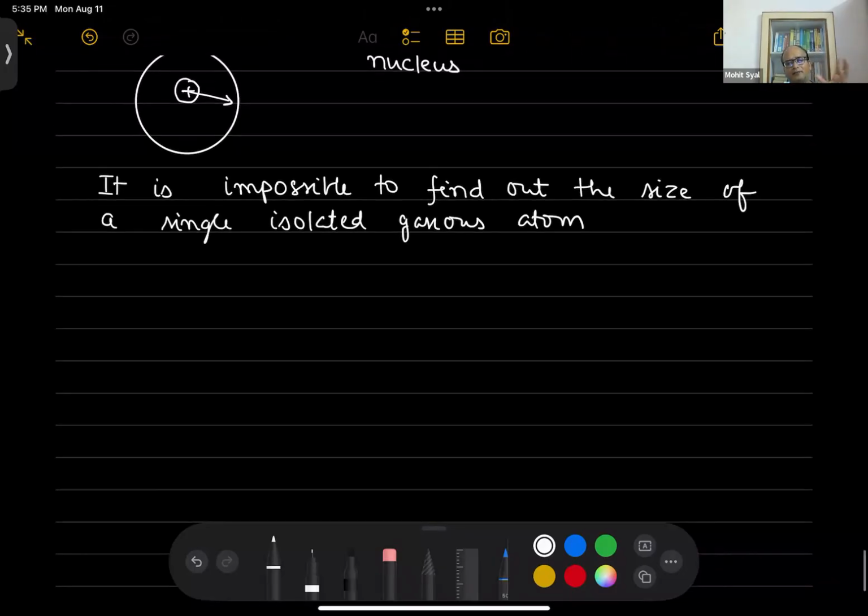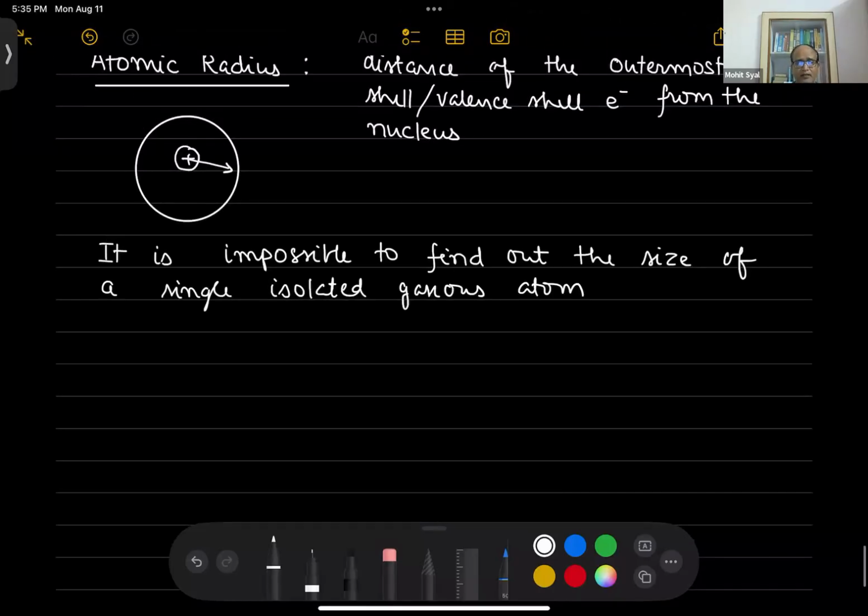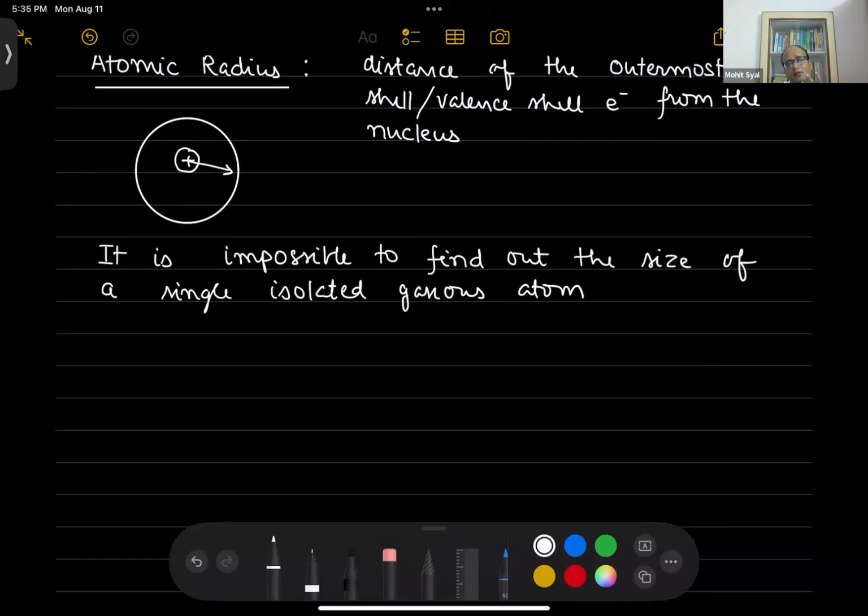You can't see its boundary. It's an electron cloud. So the electron cloud can have a lot of distance from the center. Basically, the electron cloud doesn't have sharp boundaries. So that is the problem.